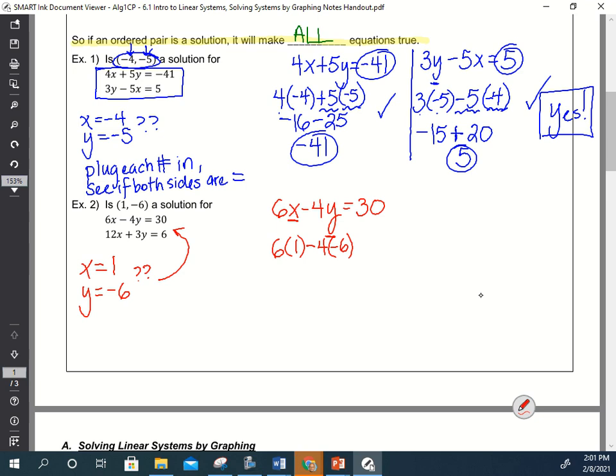So let's work it out. 6 times 1 is 6. Negative 4 times negative 6 is what? Let's see, positive 24, thank you. Then 6 plus 24 is 30.